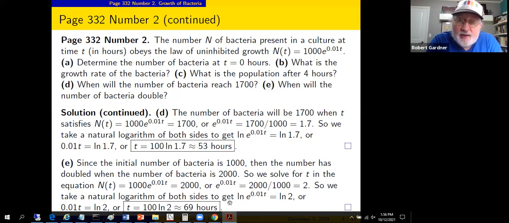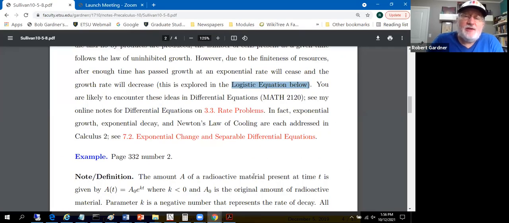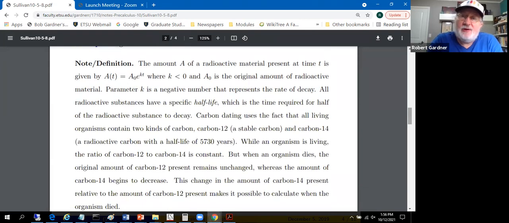I just have to double check all the computations, but at least it makes sense. It's a bit more than 53 hours, as we would expect. So good idea to check and see if the answer actually makes sense. Or maybe it's a good idea to check and see if the answer is obviously wrong. It could be wrong and still make sense. But if it's obviously wrong, like a negative quantity when we have growth, then something's not right.